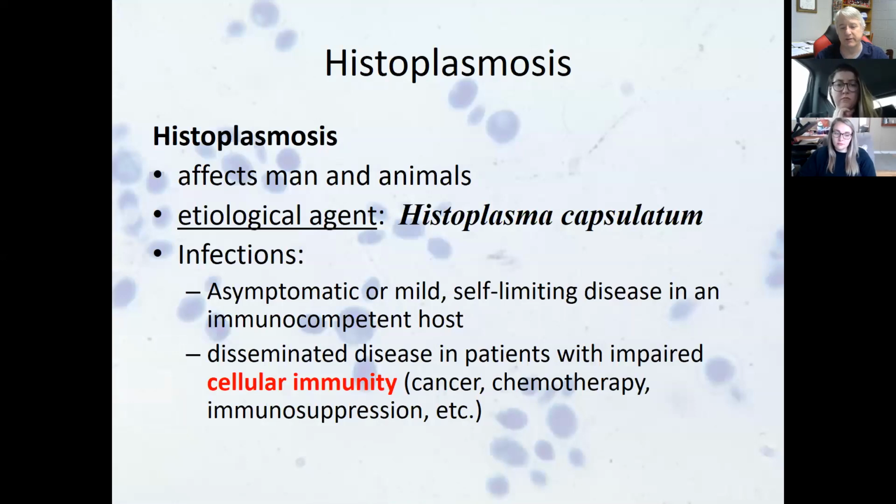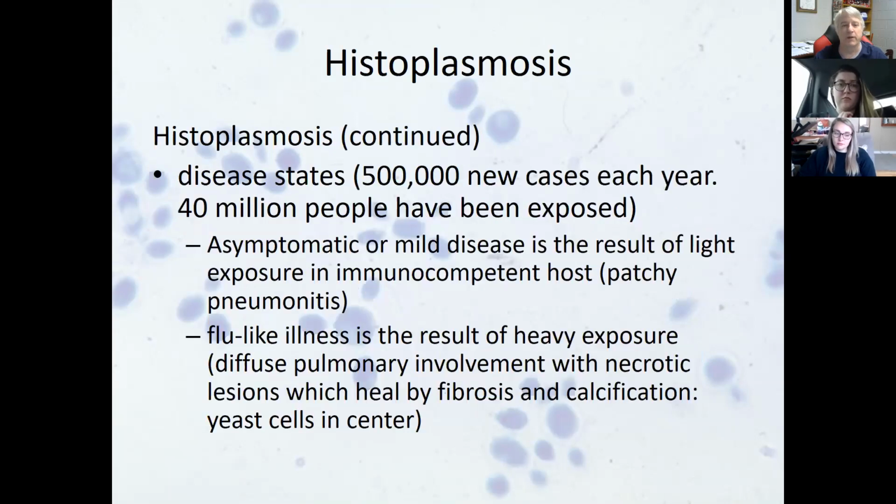So it disseminates in the patient with impaired cellular immunity. So if you've got cancer, chemotherapy, immunosuppression, kind of our same description that we've had over and over this semester. The disease, 500,000 new cases each year. That is it. 40 million people have been exposed to histoplasmosis.